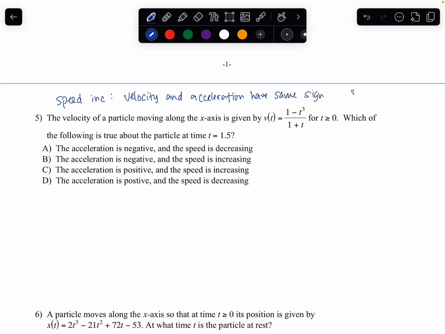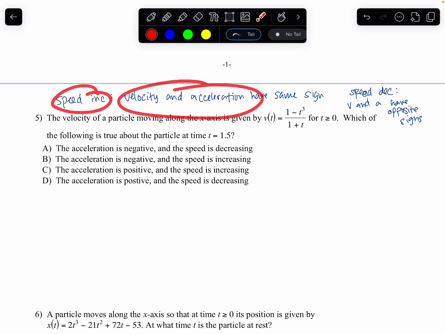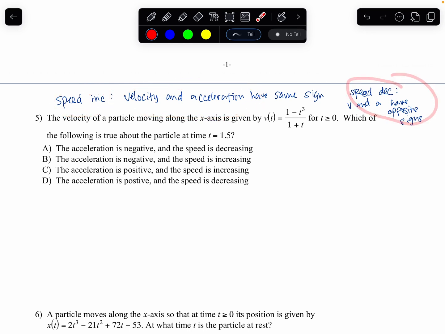And speed is decreasing when V and A have opposite signs. Okay, so same sign, so they're both positive, then speed is increasing. Both negative, speed is increasing. One's negative, one's positive, speed is decreasing.